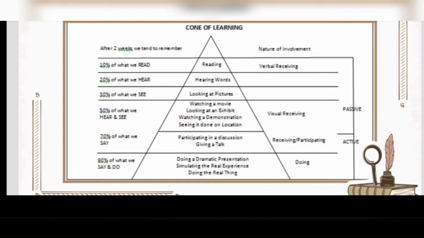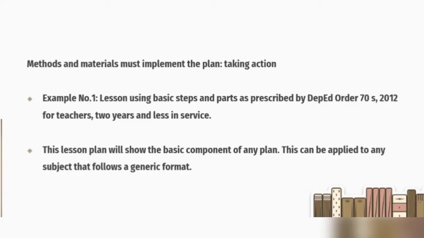From the active, there is a 70% to 90% learning rate for a student by perceiving, participating, doing. Methods and materials must implement the plan, taking actions. Example number 1, a lesson using basic steps and parts as prescribed by DepEd Order 70, s. 2012 for teachers with two years and less in service.